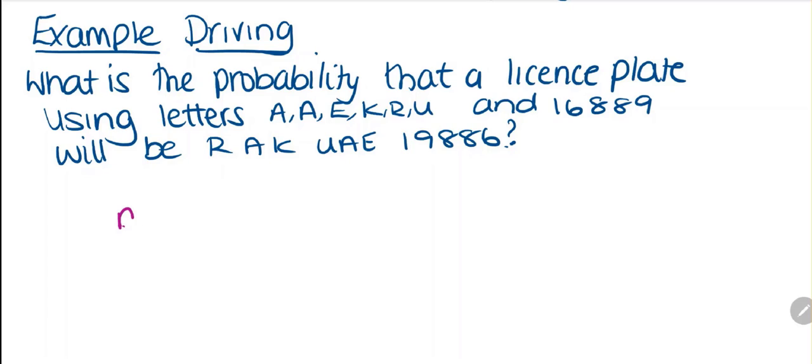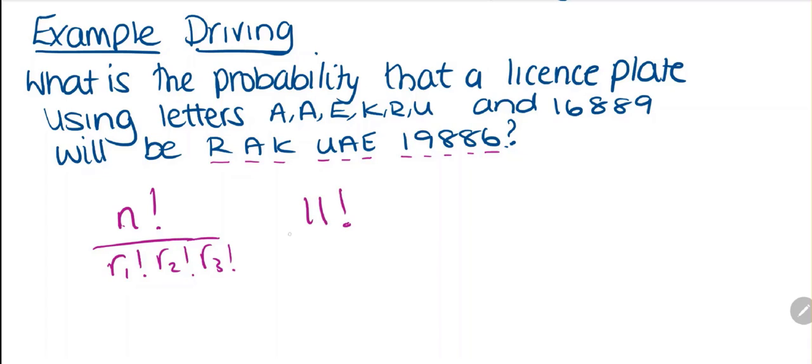So we're going to use n factorial over r1, r2, r3. So our possible combinations: we have 1, 2, 3, 4, 5, 6, 7, 8, 9, 10, 11. So 11 factorial.